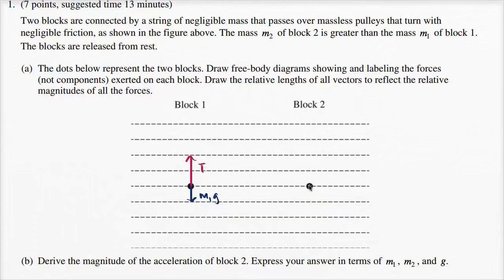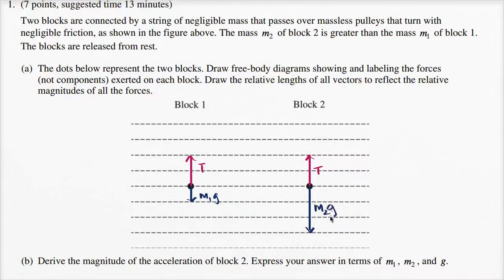Now, block 2, I have the same magnitude of tension. It's also pulling upwards. So tension. And I have its weight, which is going to be larger than the tension. So its weight, I'll make it 3 of these lines. So the way I've drawn it, M2 would have to be 3 times larger than M1.